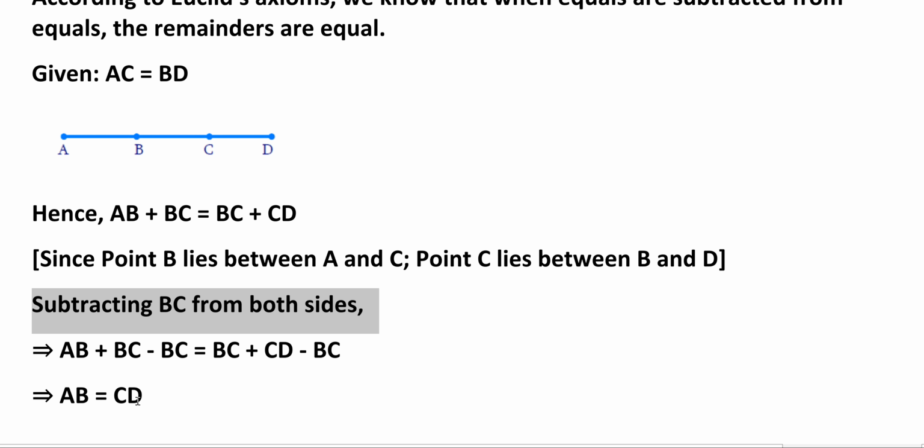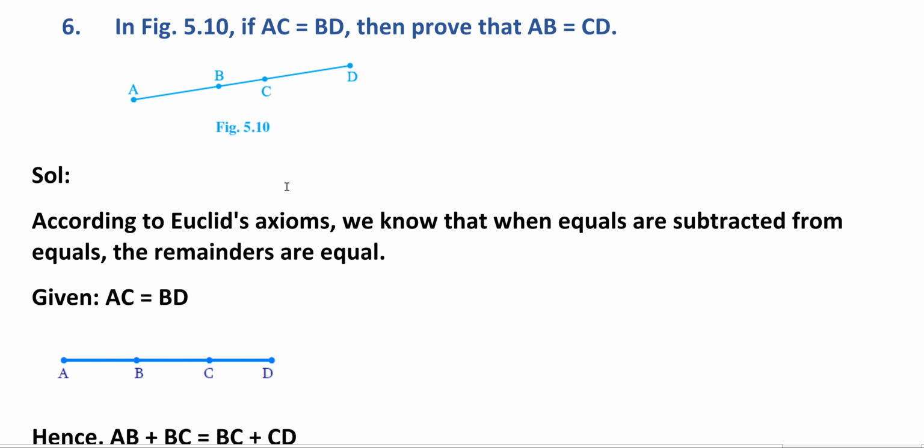So BC cancels, BC cancels. AB is equal to CD. We proved that AB is equal to CD.